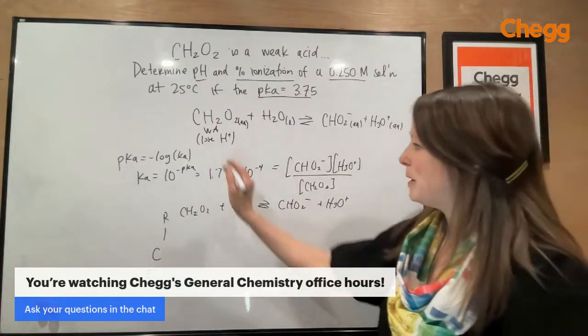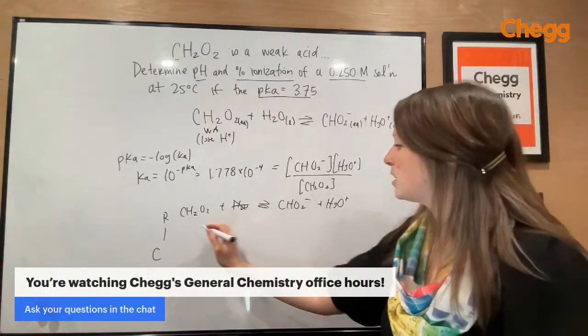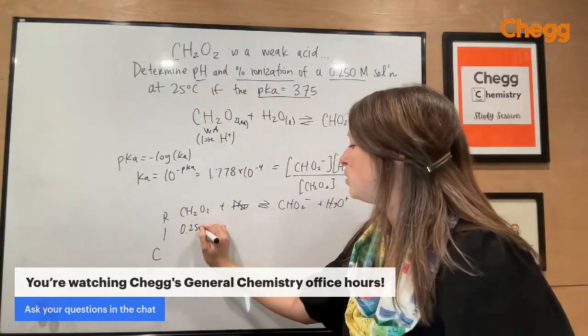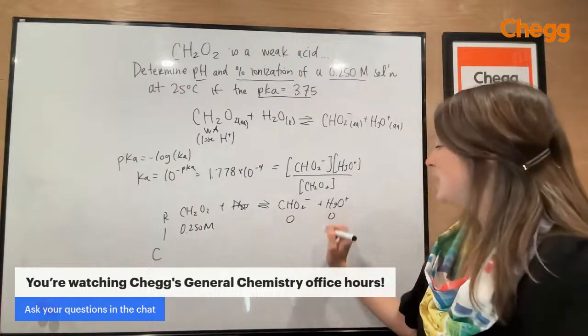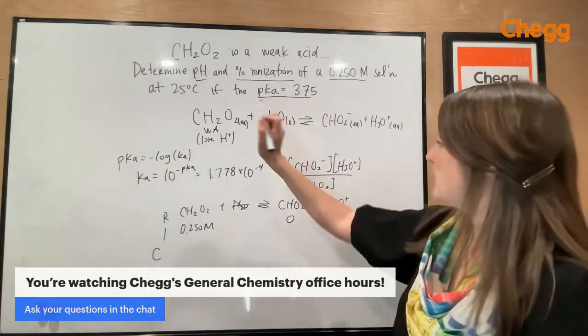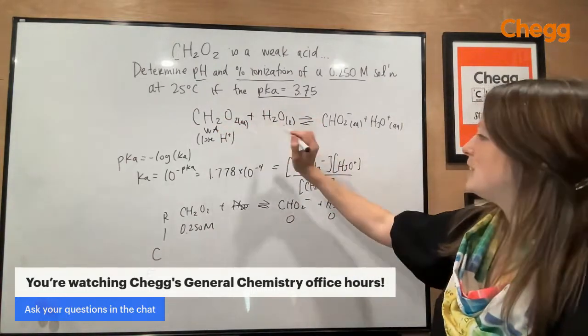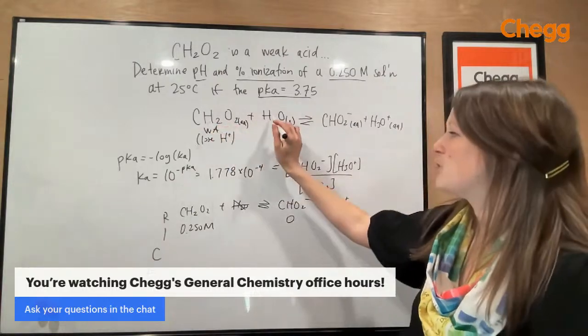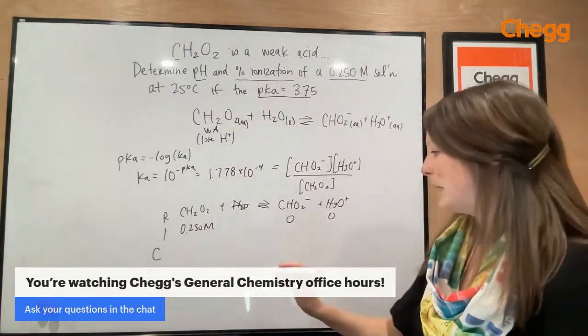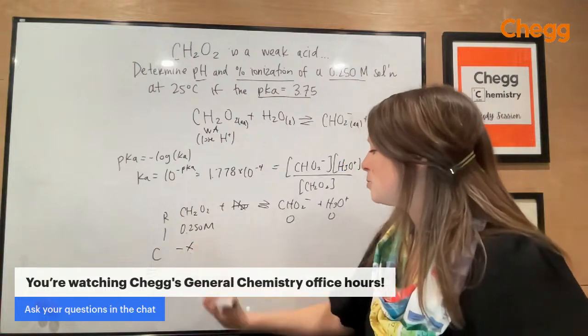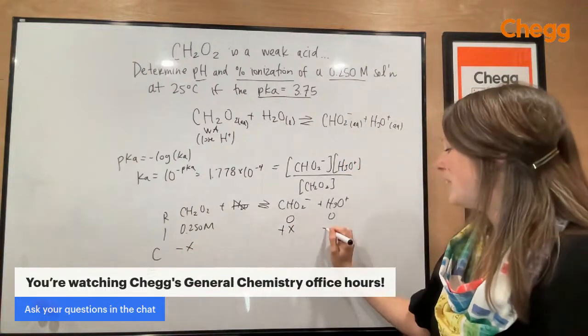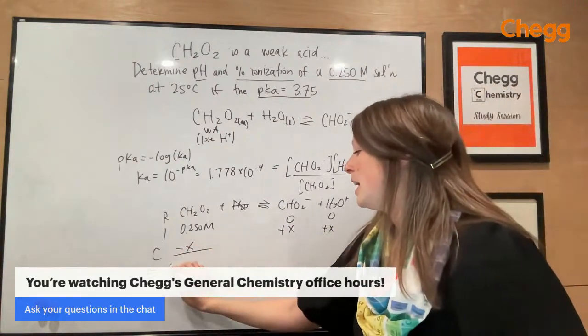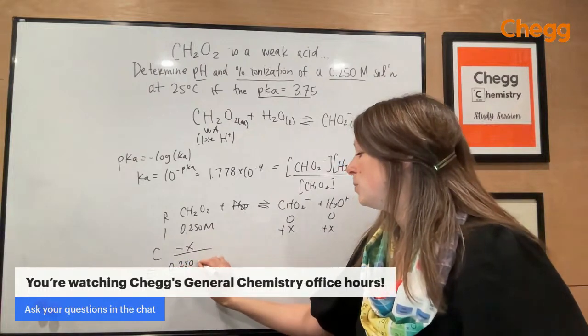So I know my initial concentration was 0.250 molar. I don't have any of this. It is just a 1-to-1 ratio. This is balanced. We've just transferred this hydrogen over, so it's really easy to balance. So I'm going to subtract x from this, add x to each of these, and then I end up with 0.250 minus x.